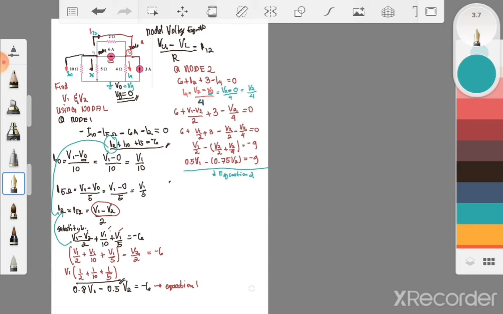Okay? And then, we will input the values. So, the values are 0.8 equals negative 0.5 equals negative 6. Yan.